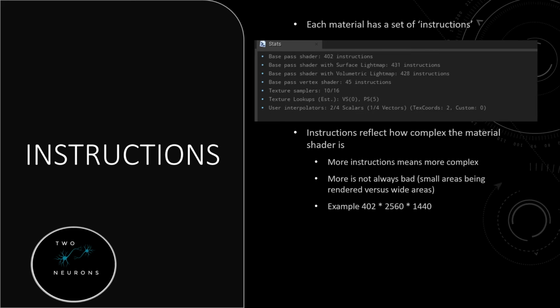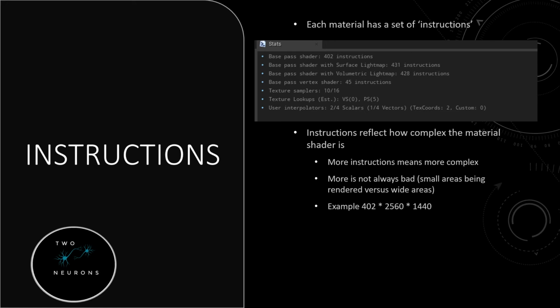So the way to think about this for an example, by the way, is you take your resolution. So the monitor resolution I am recording from, for example, is 2560 by 1440. So with this water material, with 402 instructions, every frame where I'm looking at the water and the water is being rendered, I am telling it to pass 402 multiplied by 2560 by 1440 every frame.